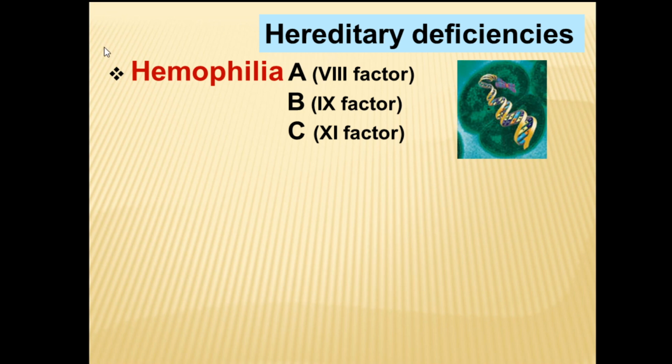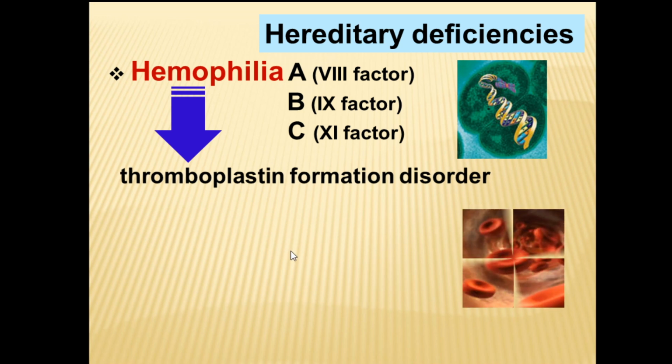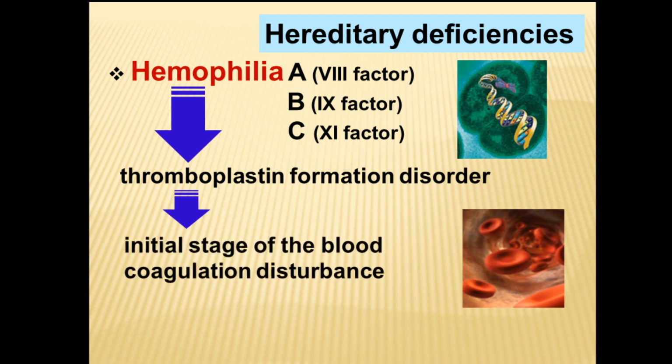But I won't stop on that. Clinical manifestation of hereditary deficiency of clotting factors, hemophilia, is characterized with a disordered process of blood coagulation and first of all disordered formation of thromboplastin, which starts the initial stage of blood coagulation.